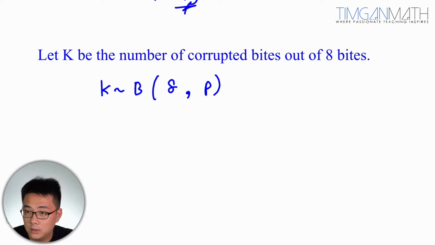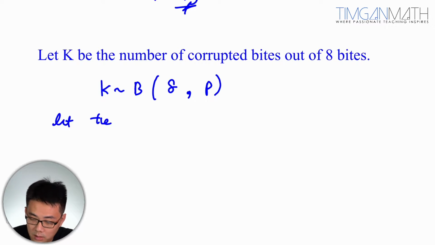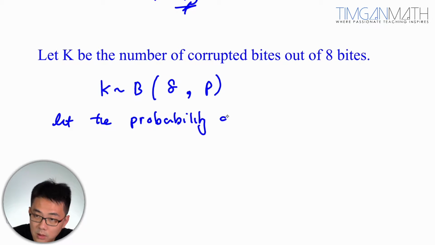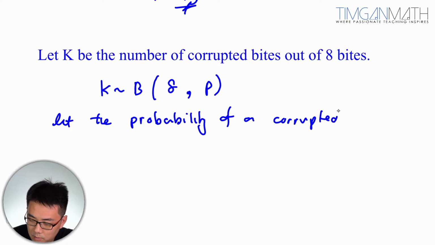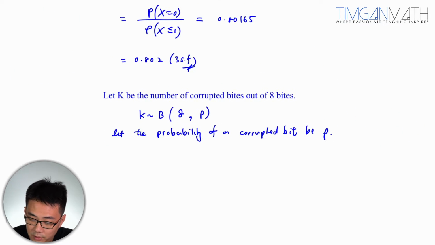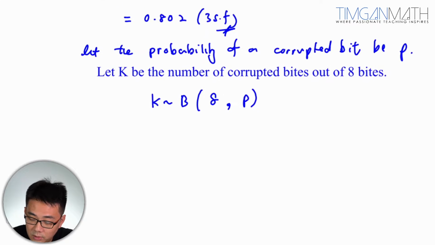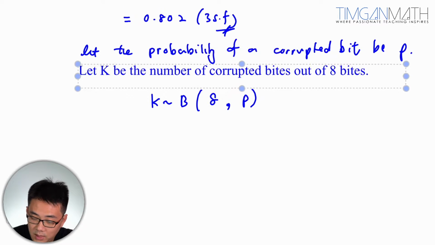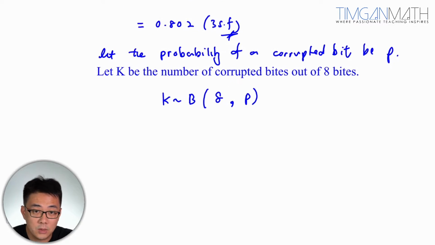Okay, so I'm going to let the probability of a corrupted bit be p. That is the first thing that I will need to do. Okay, so in this other transmission system, once we're done, I get this as just 1 byte.